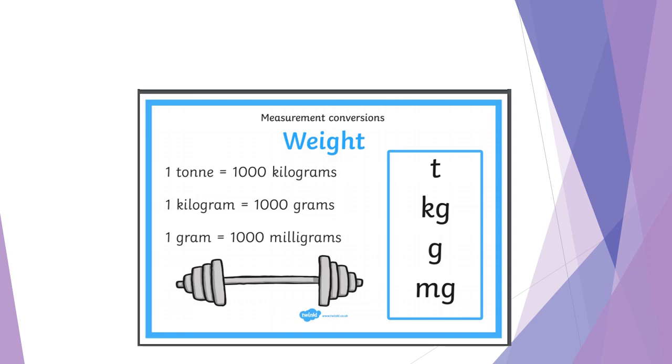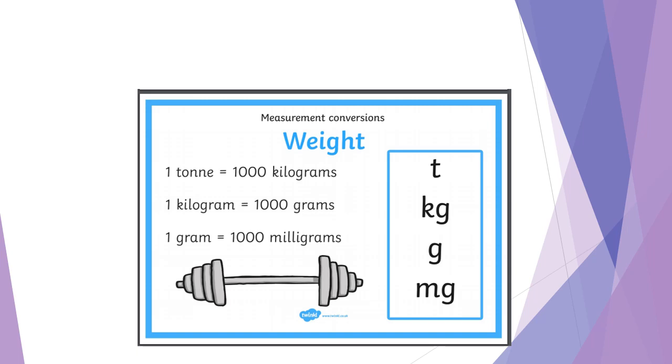So, if we have 1 gram, then we know that a milligram is 1,000th of a gram. Because yesterday we learned that milli means 1,000th of. Okay, so a milligram is 1,000th of a gram. A kilogram, we know that kilo means 1,000 times bigger. So a kilo is 1,000 times bigger than a gram. And we've got a new one here today.